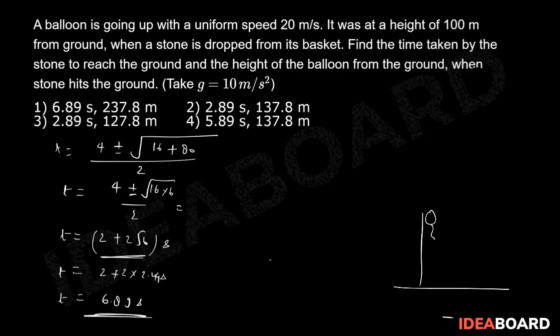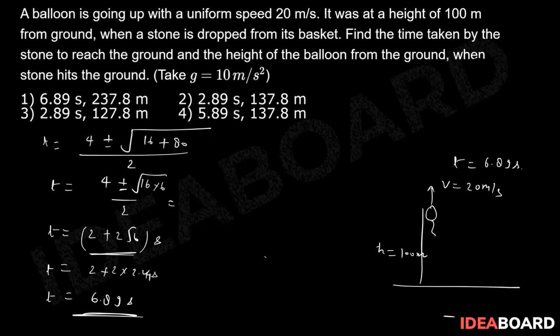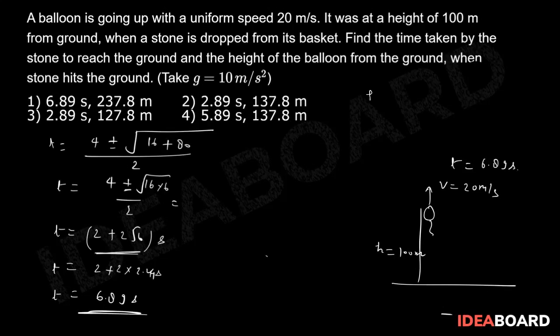It is already h equal to 100 meter above the ground, and now it is going with velocity 20 meter per second. We achieved the value of time, 6.89 seconds. So now we can calculate the height achieved.